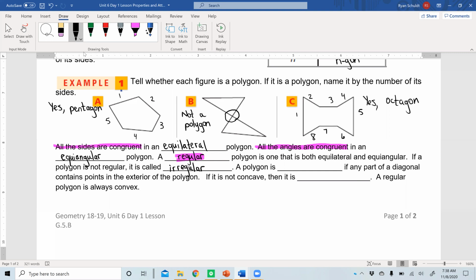Okay, and then we have a thing called concave. So a polygon is concave if any part of a diagonal contains points in the exterior of a polygon.